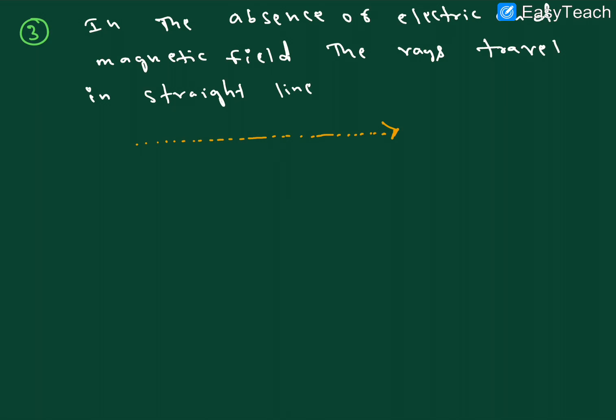And next, if a magnetic field or electric field is present, what happens? The path of the cathode rays is deflected. The path changes from the actual path. Let me explain the fourth point.